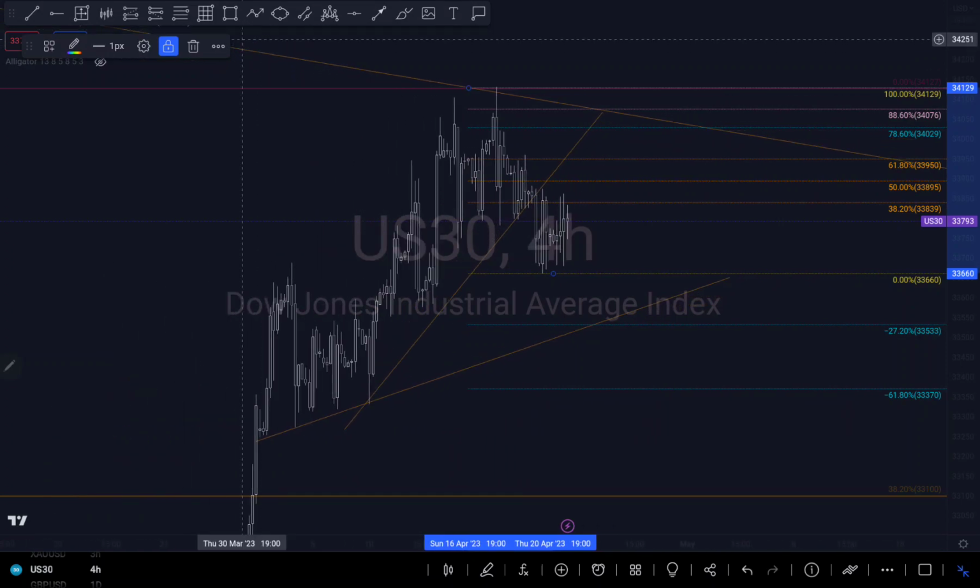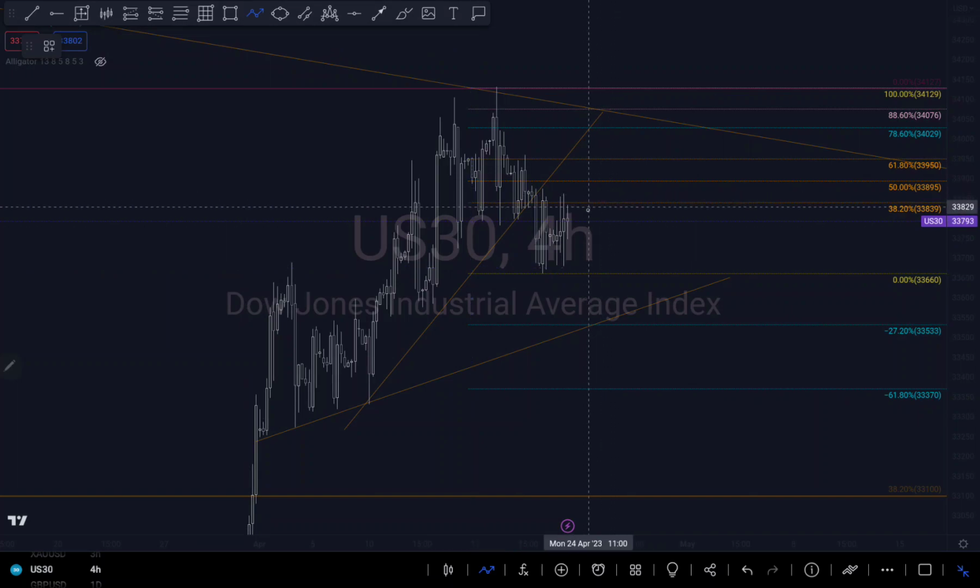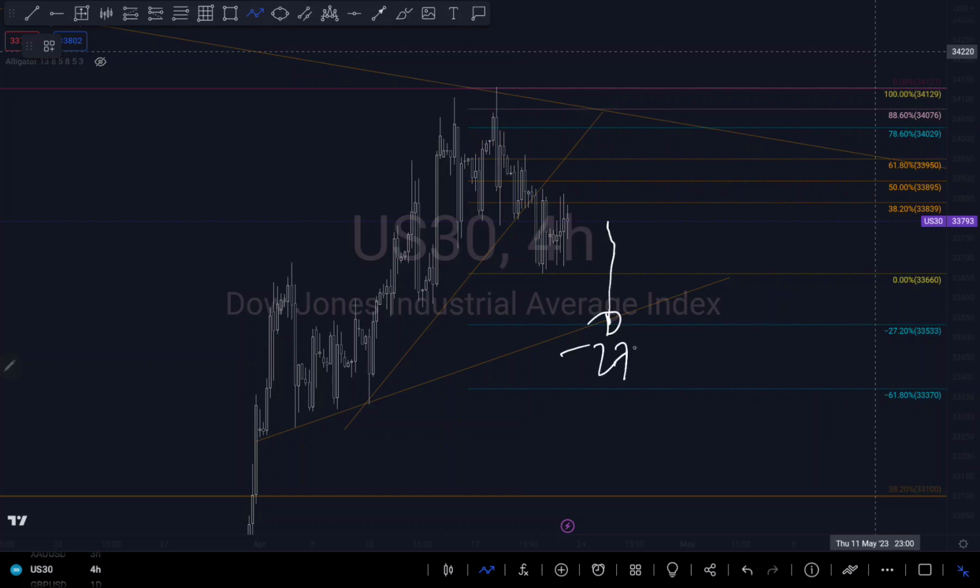As of right now, I'm predicting it to at least come to this level. It has broken structure, and I'm not seeing any imbalance for it to retest though. So I think it might just come down here and come straight to my negative 27% fib level, which also aligns with my trend line. Then we see how it's going to go.